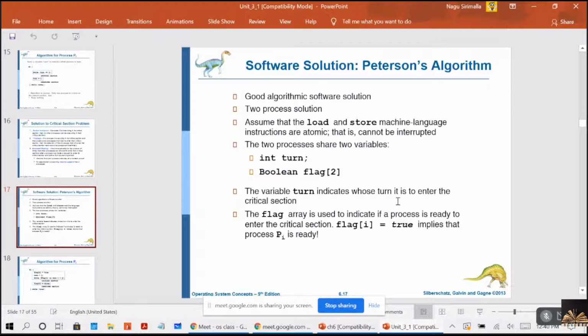So turn will tell you who will enter into the critical section. And the flag array is used to indicate if a process is ready to enter into the critical section. Flag of i is equal to true implies that the process Pi is ready. You understand this, right? It is applicable only with two processes using the critical section.